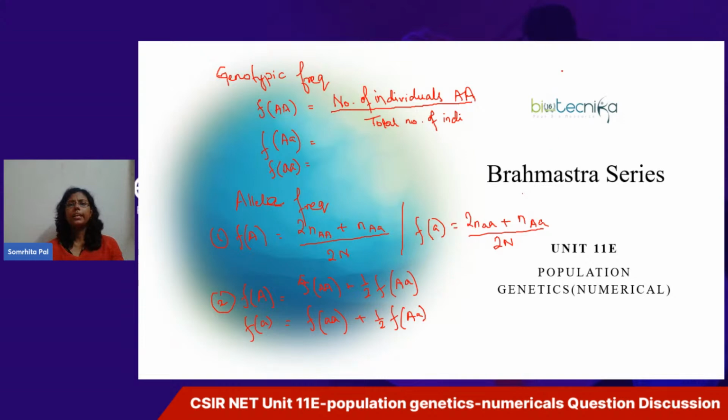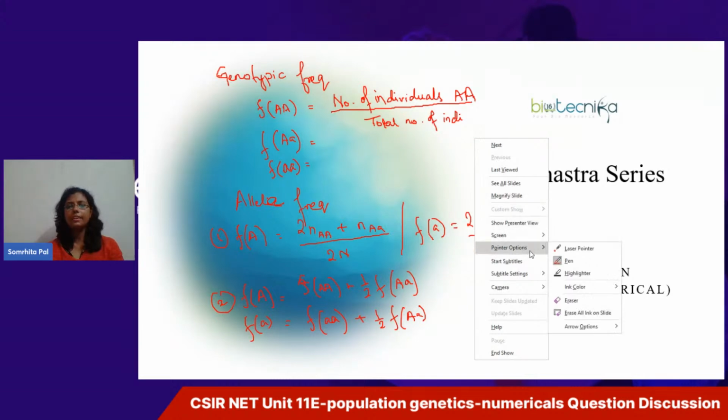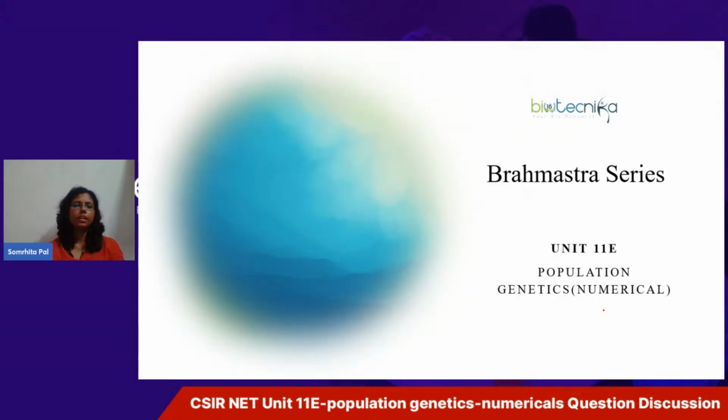So this was about genotypic frequency calculation and allelic frequency calculation. But when it comes to Hardy-Weinberg equilibrium, if I say that a population is in Hardy-Weinberg equilibrium, we just have two formulas.